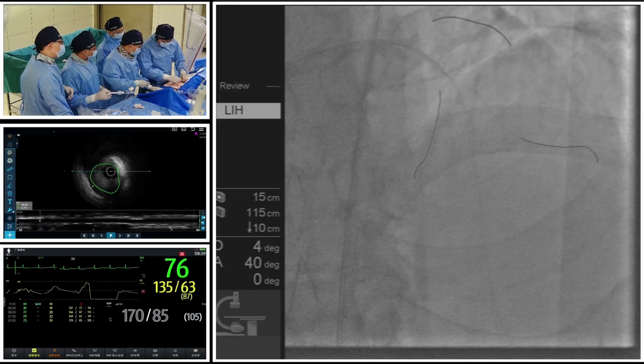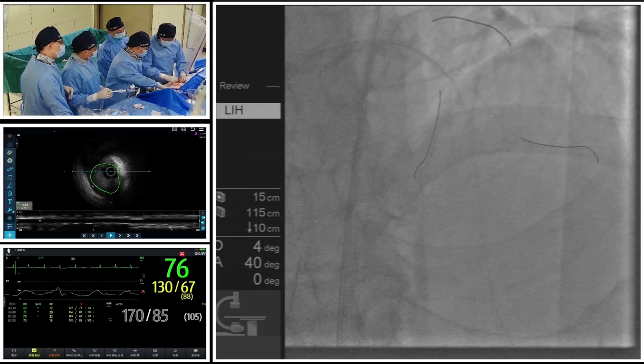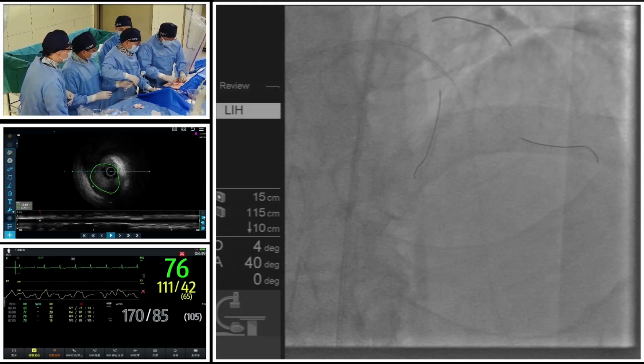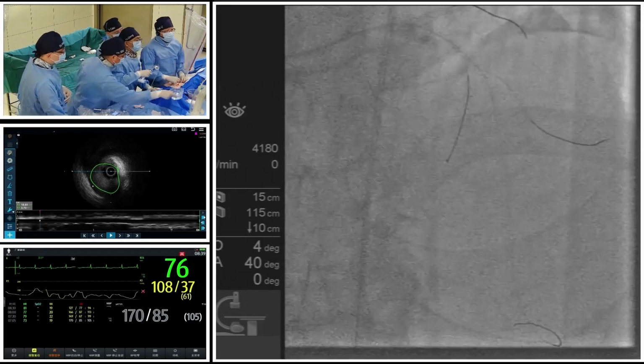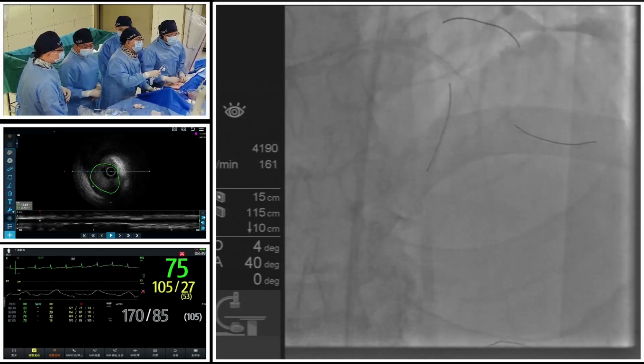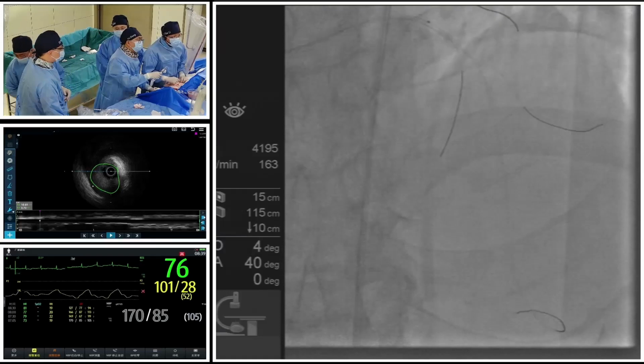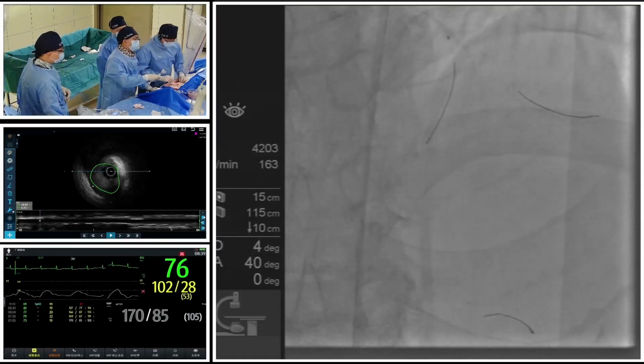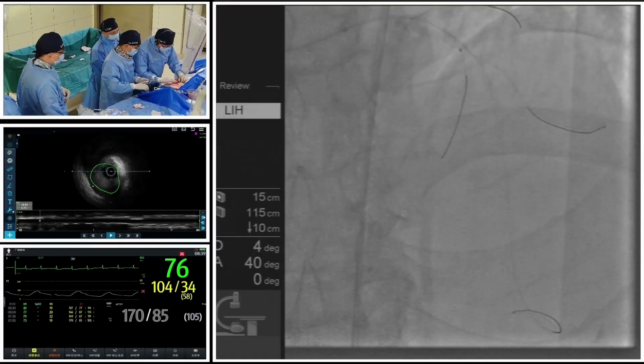We already showed several cases in the demonstration. The more complicated the lesion, the more information the 3D reconstruction system could give us. And also, I think the advantage of this system is that it can give you a lot of detailed information before you touch the patient.